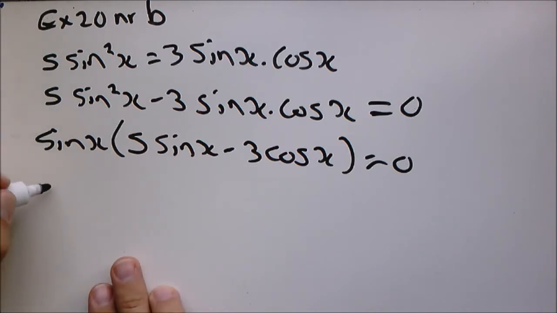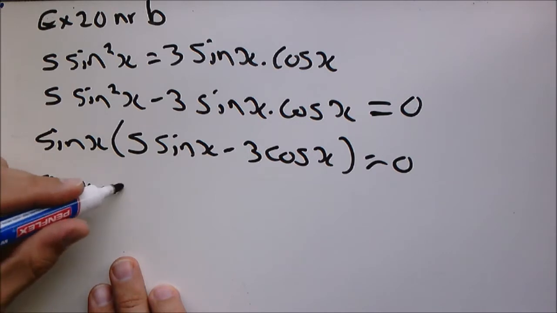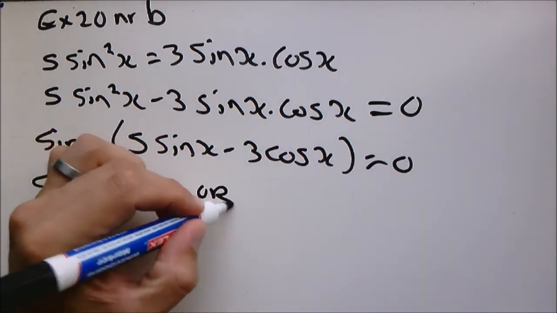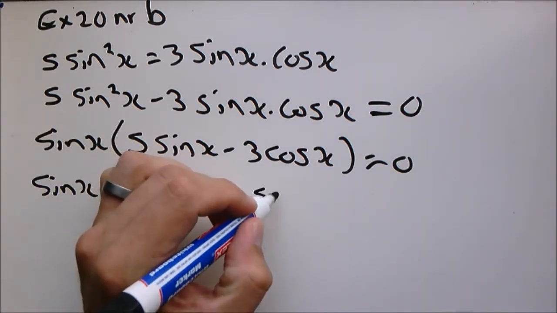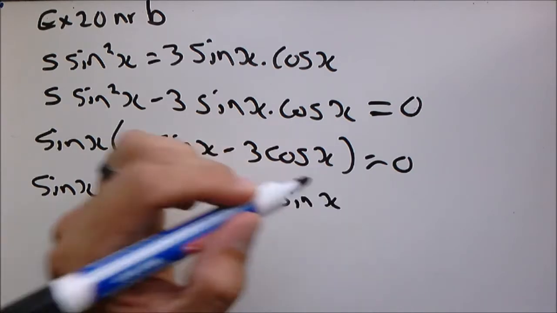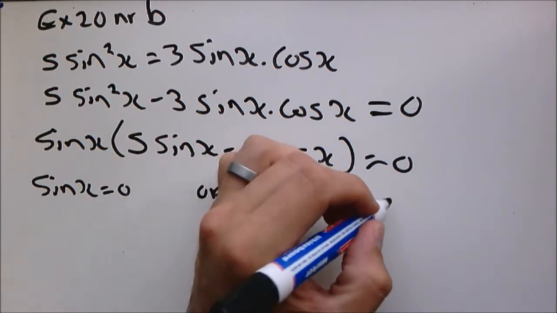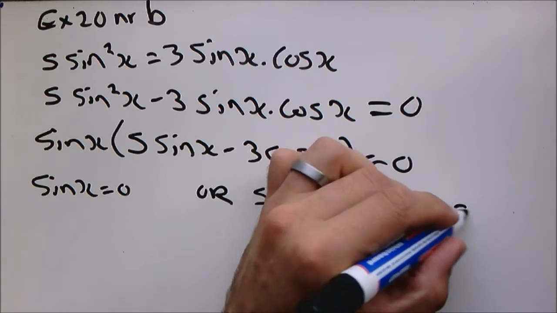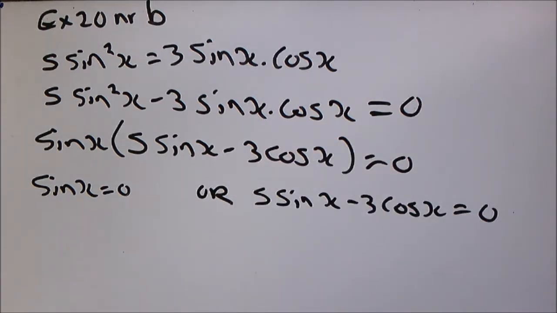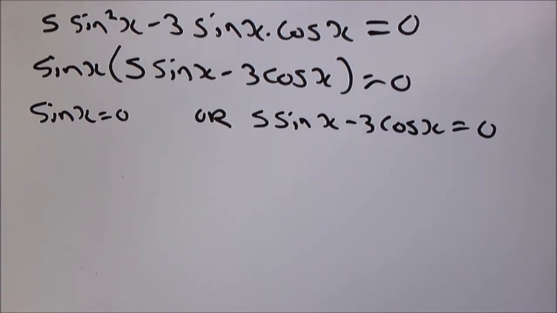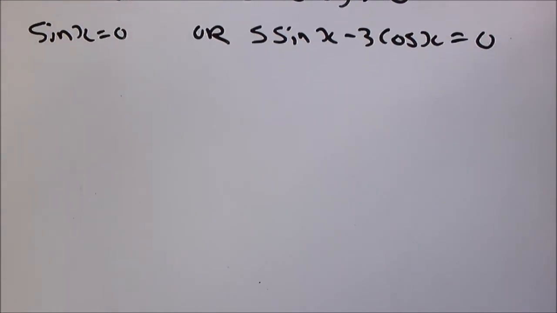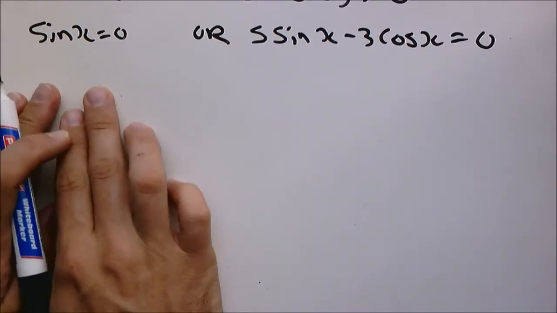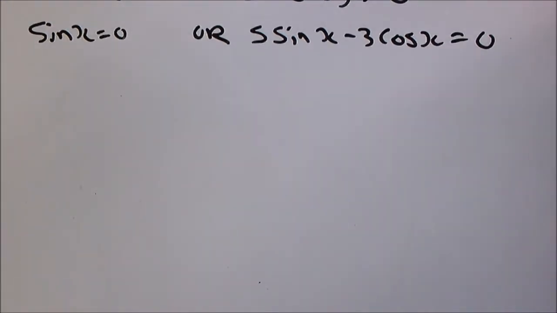Okay, so we know now that sine x equals 0, or 5 sine x minus 3 cos x equals 0. So we're working with two different types of solutions from here. The sine x equals 0 is a straightforward one. We will focus on that one now.